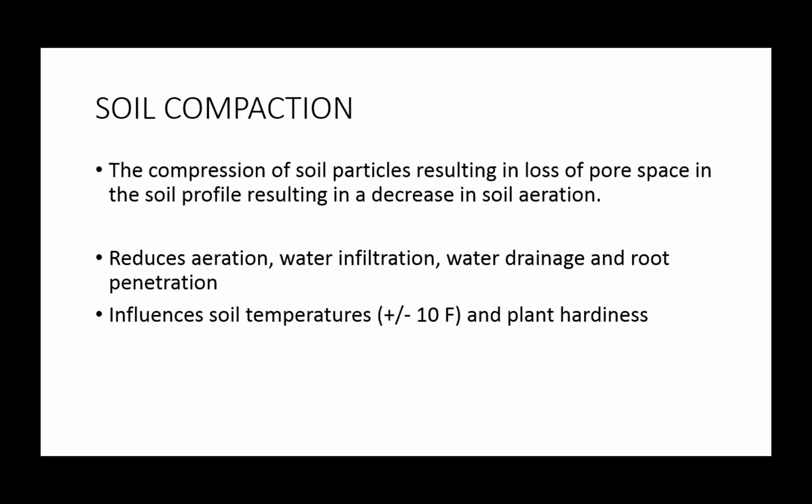Because you're going to lose your pore space, you're going to decrease your water infiltration, your aeration and your drainage. And that does affect your soil temperatures, which can affect your plant hardiness as well. The wetter your soil is, the less likely it is to change temperature, so it heats up more slowly in the spring. So it can take longer for your plants to germinate and start to grow.